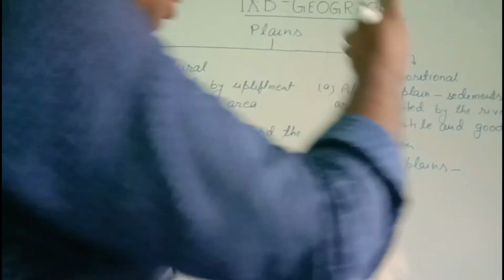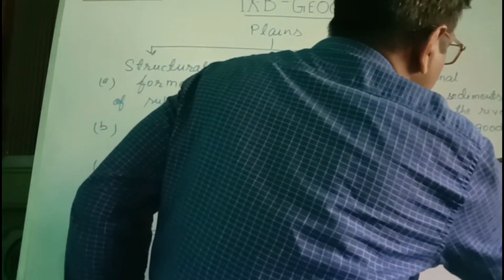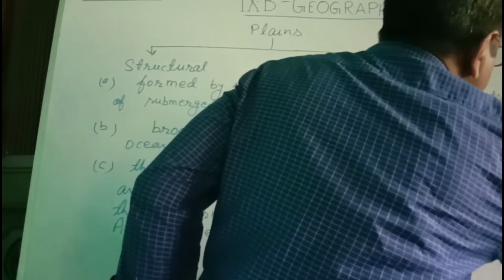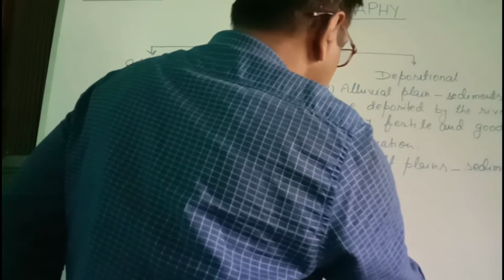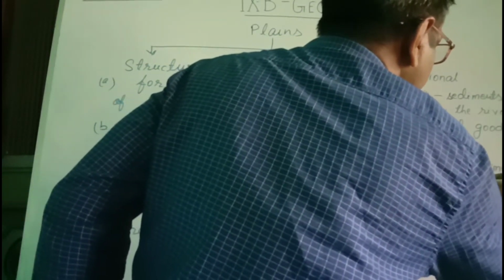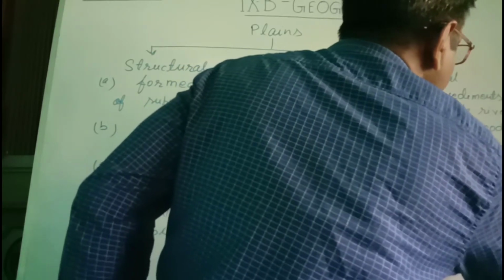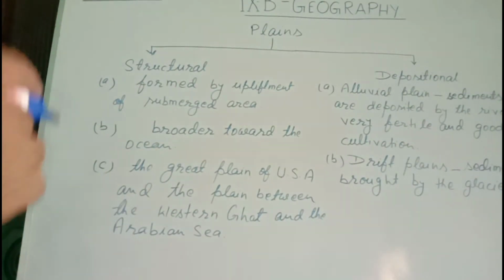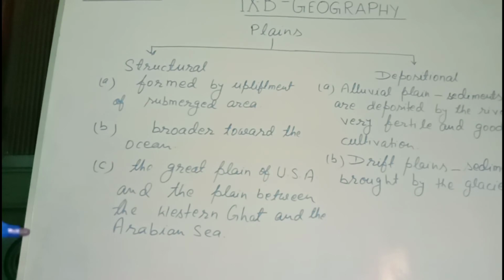And in drift plain, the sediments are brought by the glaciers. These glaciers, we say, the desert of ice, thick layer of ice is found there.